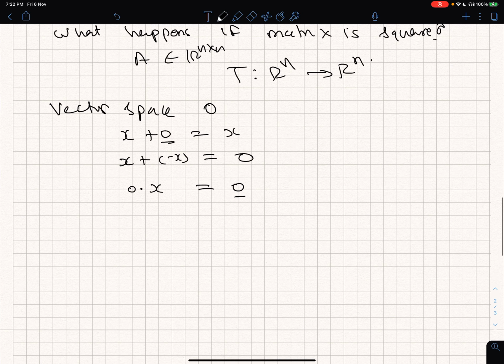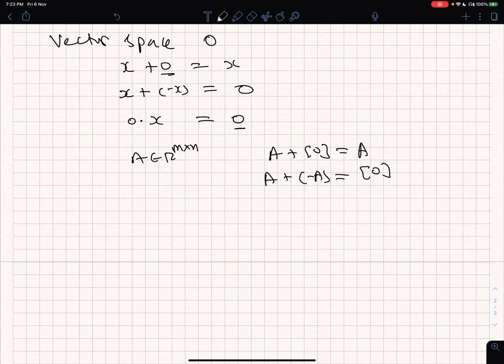Okay. Now, in case of R m cross n, you have a zero matrix, is it not? And you have the inverse element of A, which is minus A. This is the inverse element in the vector space of R m cross n.